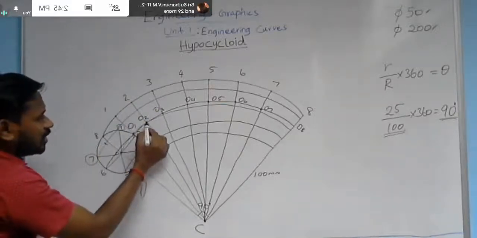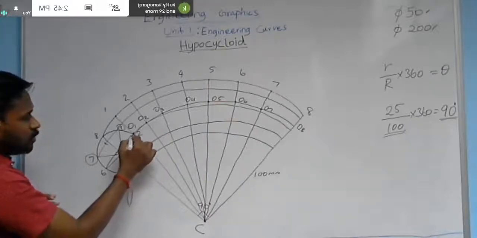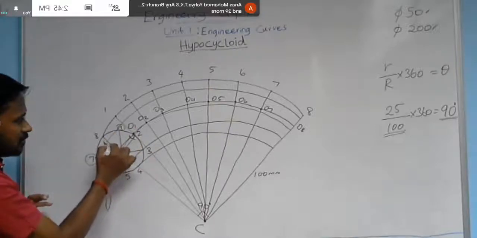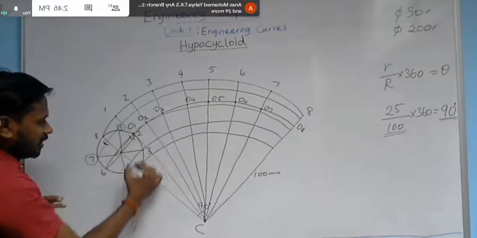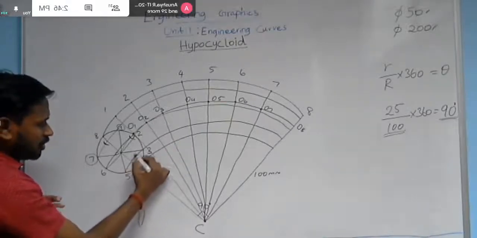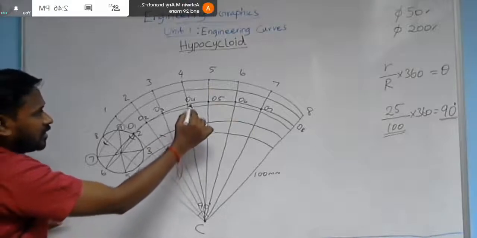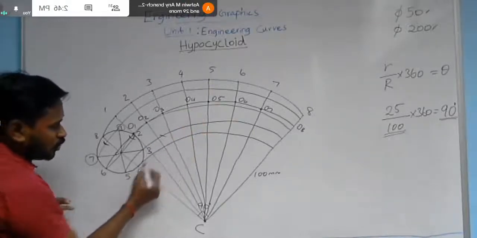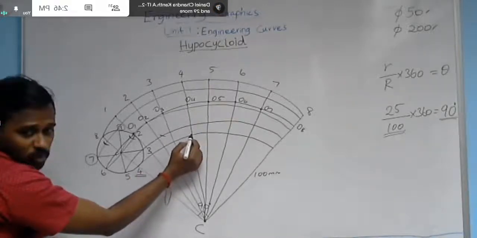And the same way, from O2 as a center, in the arc produced from the 2 and 6, cut one arc in the leftward direction. Similarly, from O3 as a center, in the arc produced through 5 and 3, cut one arc. And then from O4 as a center, see here, this is the arc produced through the point 4. If you are supposed to cut the arc, you can't cut the arc.